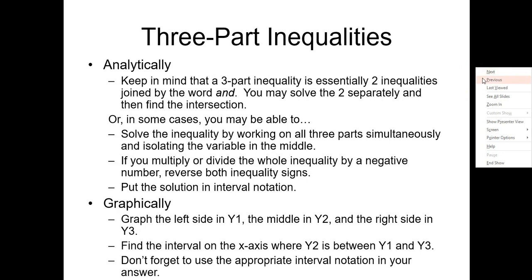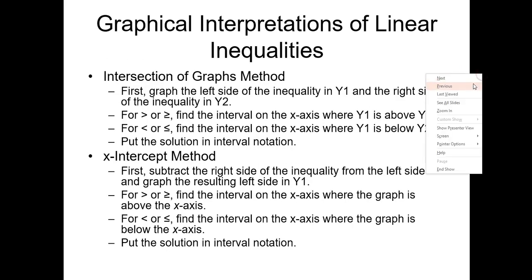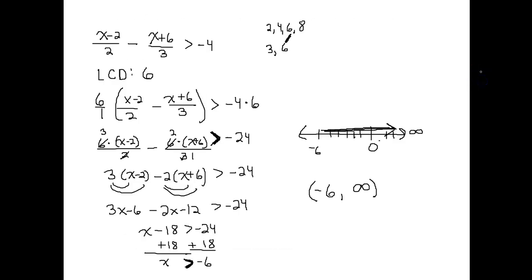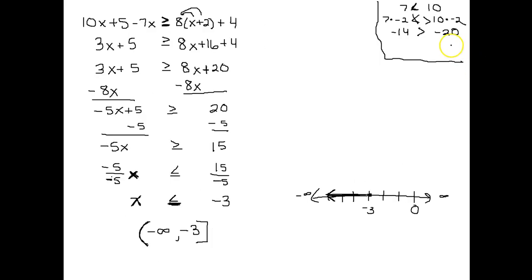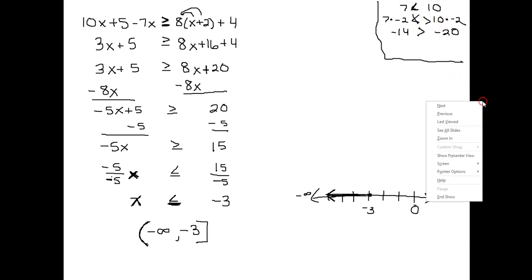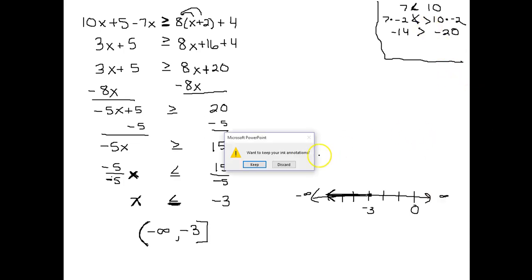Okay, so they didn't give us much space. So let's go back to this one. We already worked it, so let's look at it, but let's use the graphing calculator.